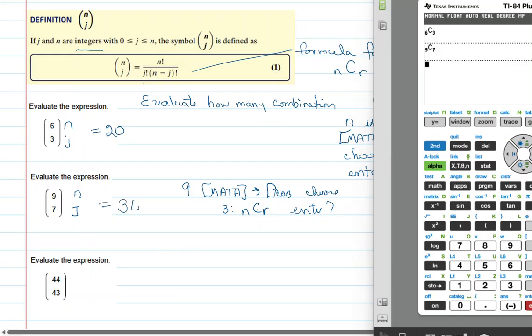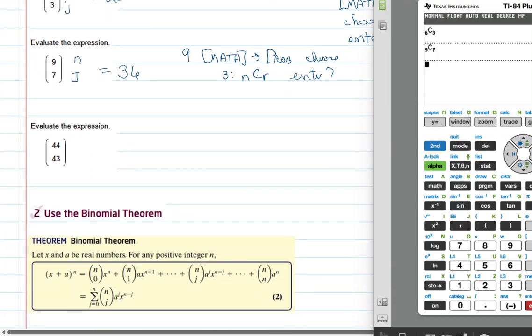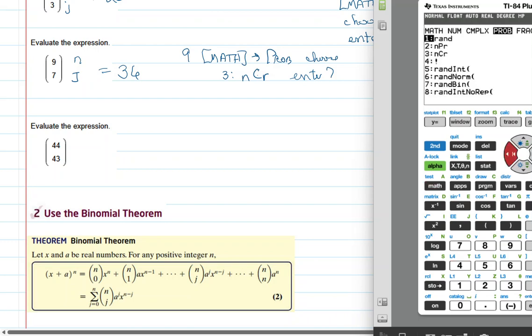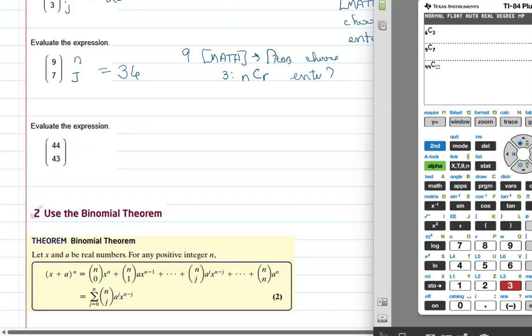Did everyone get 36? Now this guy right here is one less, so we would have only 43 possibles. Sorry, I'm going to have 44 possibles. Sorry about that. Math, PROB, number 3, and hit 43, and we should have 44.